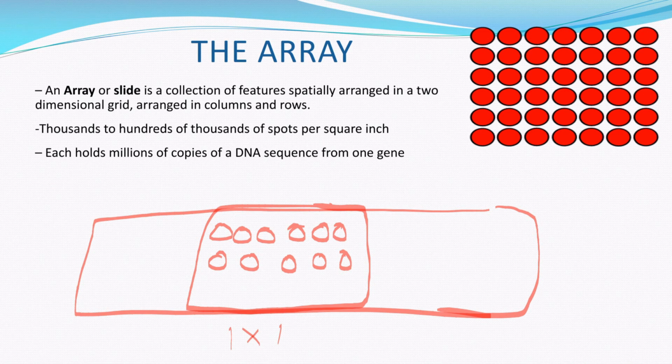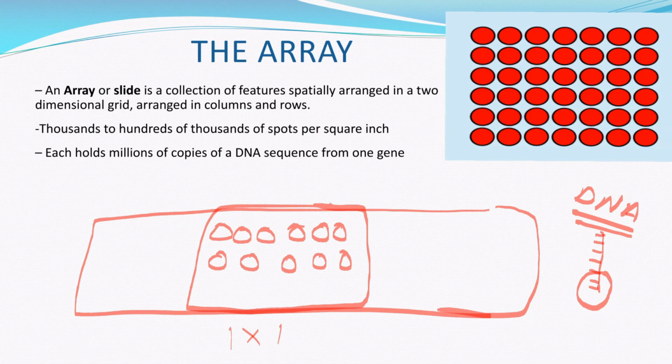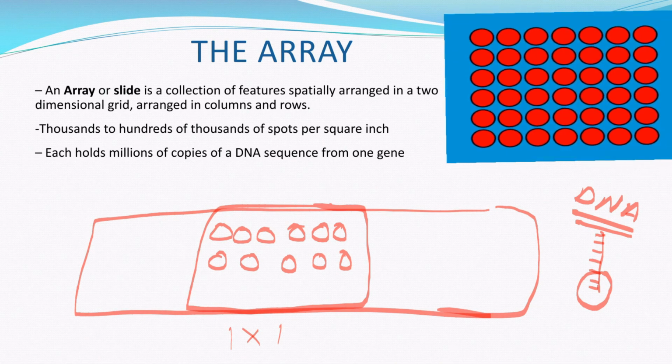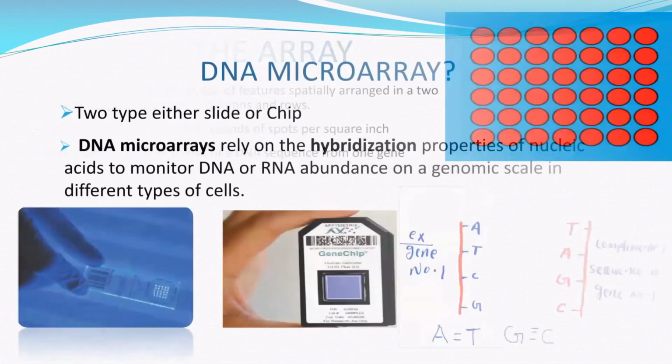We know the human body has about 20,500 genes. So every hole has a complementary copy of DNA, which is produced by the PCR machine. Okay, this is the meaning of array.